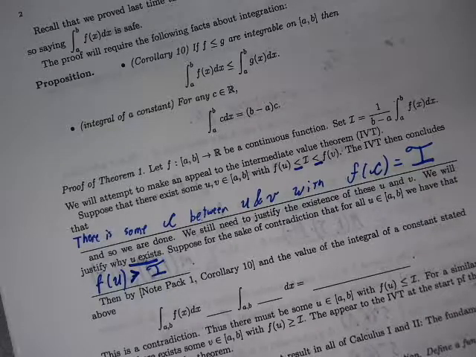Well, let's try to deal with that. If f of U is always bigger than I, let's try to make sense of this.